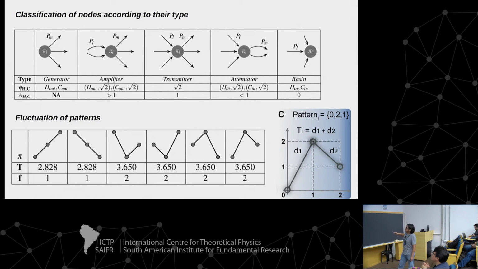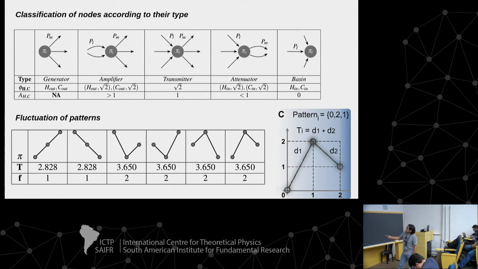If we normalize the plane so that each step of time is of length 1, then this distance is the square root of 1 plus 2 squared.